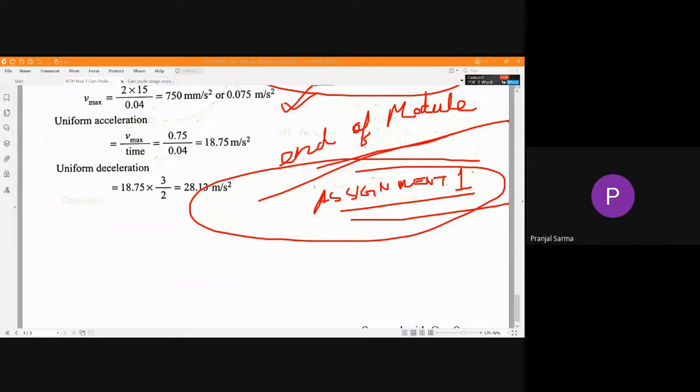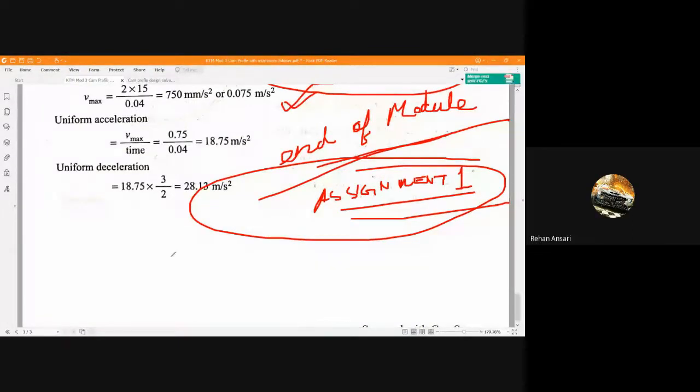Sir, first class test, what were the questions? Yeah, whatever previously I have told during those classes, those questions, and from this CT1, all those problems and cam profile construction, and the previously discussed problems, those have to be completed properly.